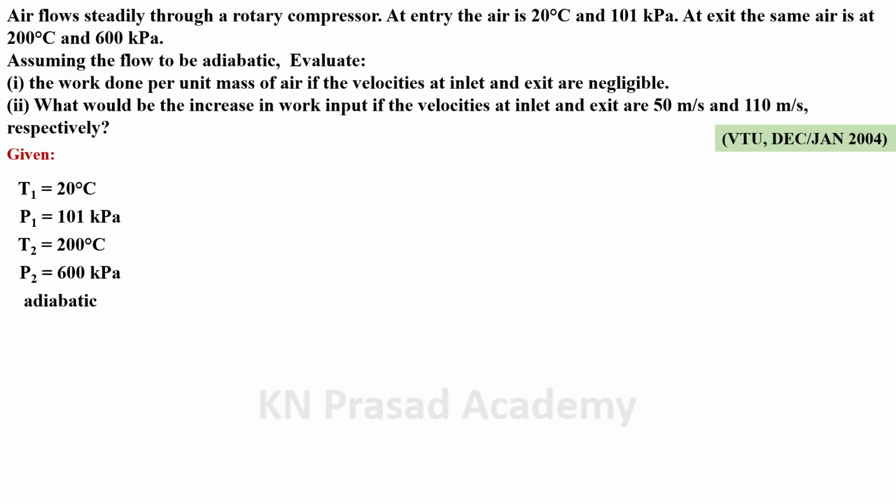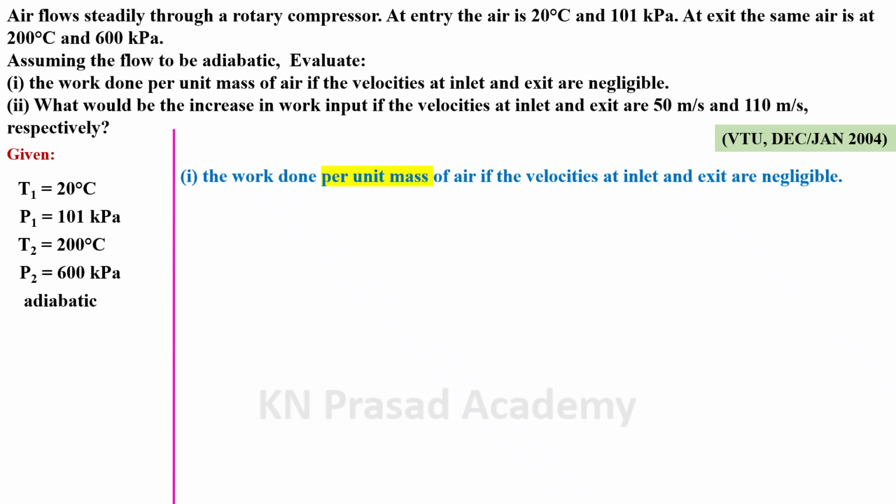Then evaluate the work done per unit mass of air if the velocities at inlet and exit are negligible. So here you have to determine the work done per unit mass, that is kilojoule per kg. Inlet and outlet velocities are negligible, so V1 and V2 equal to 0.